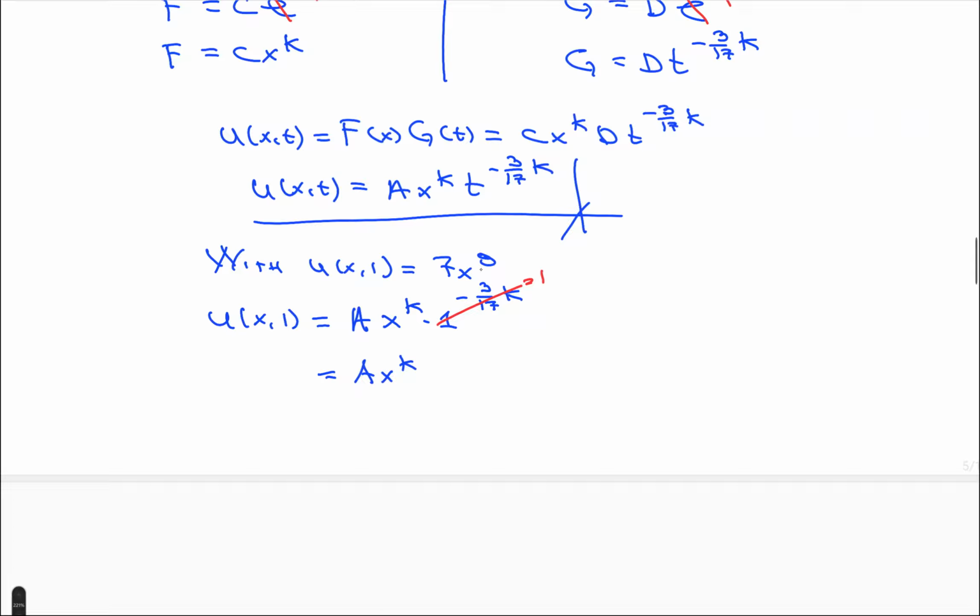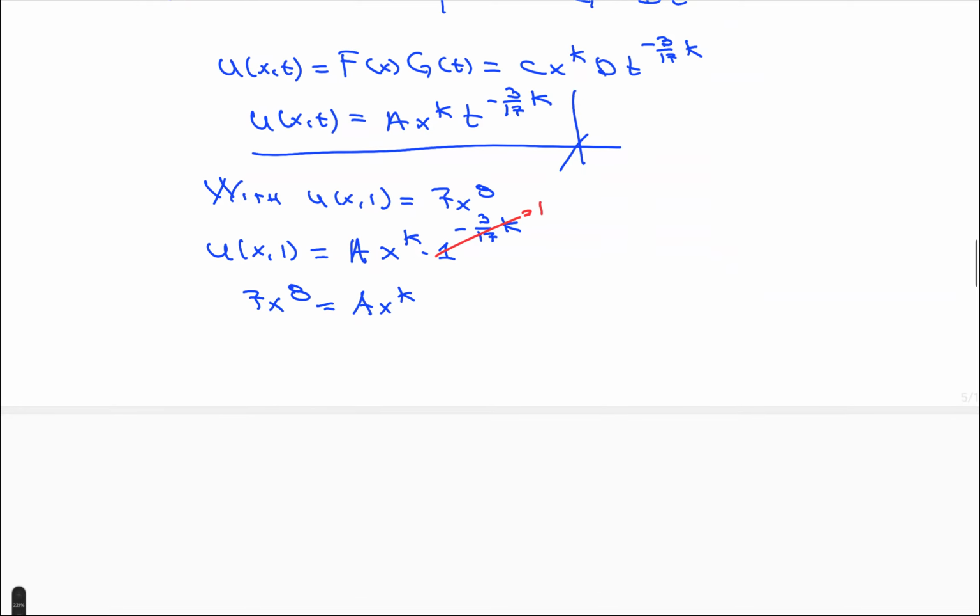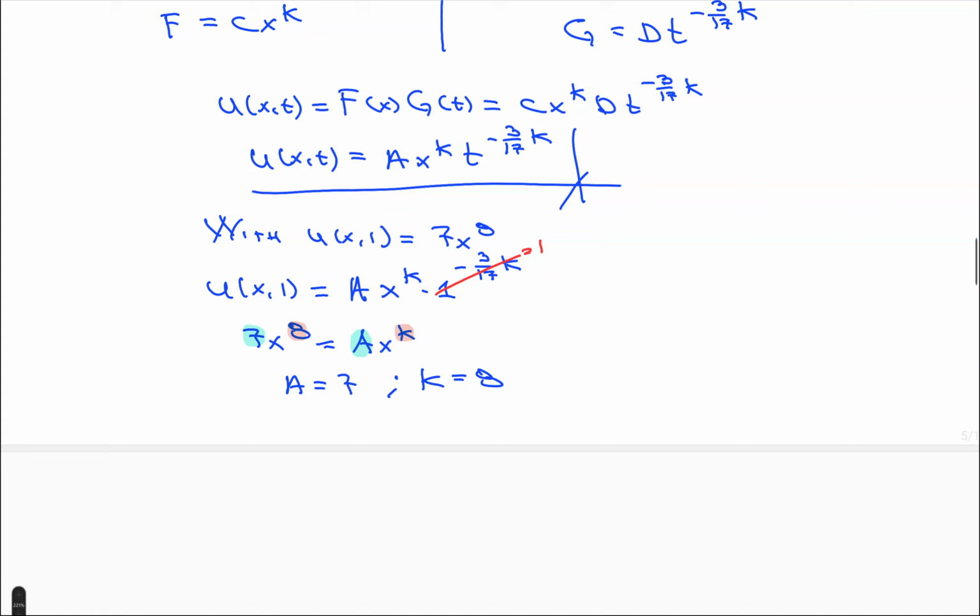And u of x, 1, in this case, is 7x to the 8th power. And again, equating coefficients and powers, we get that a equals 7 and k equals 8. Right? So a equals 7, k equals 8.